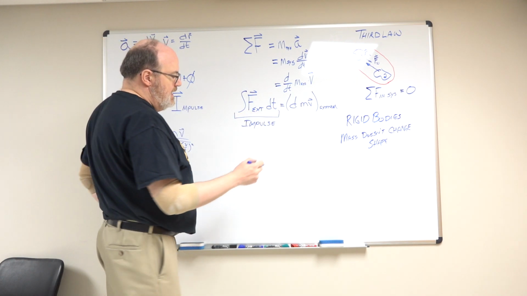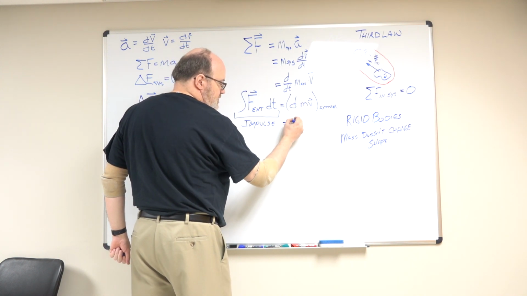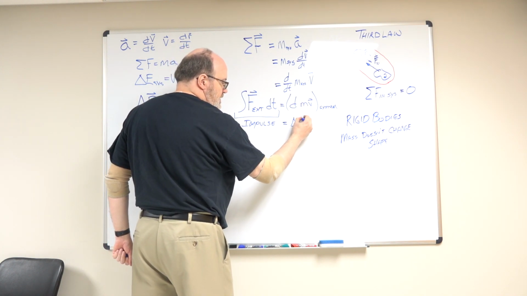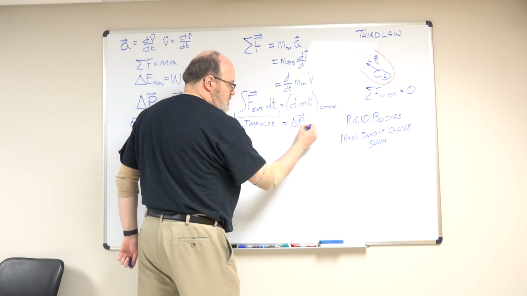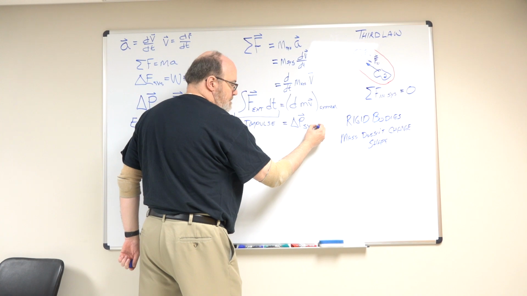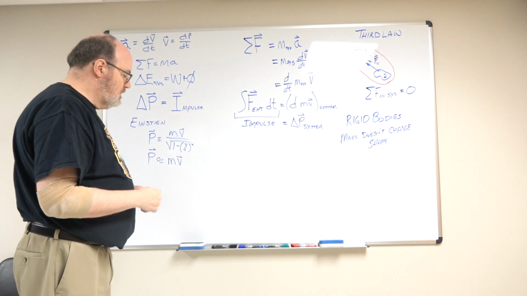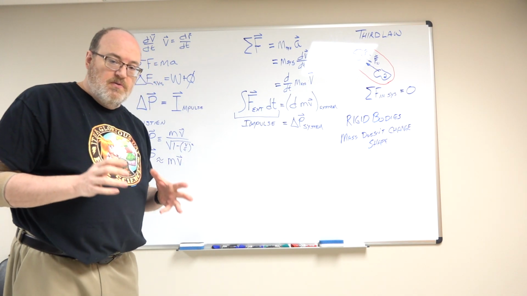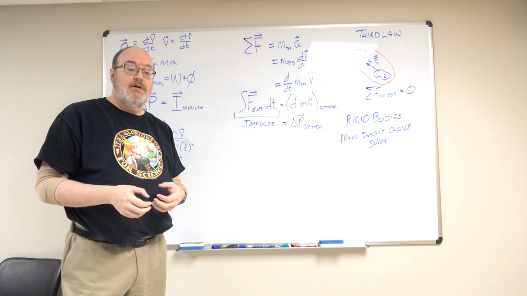And that gives me then on the other side a change in our momentum for the system we define. So that's the basics of where the conservation of momentum comes from.